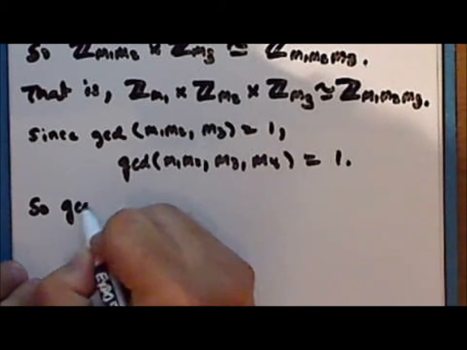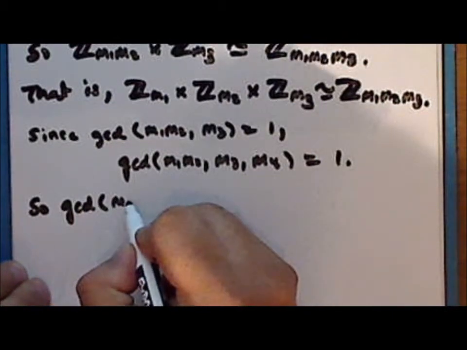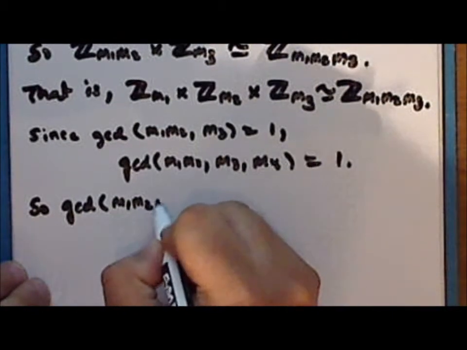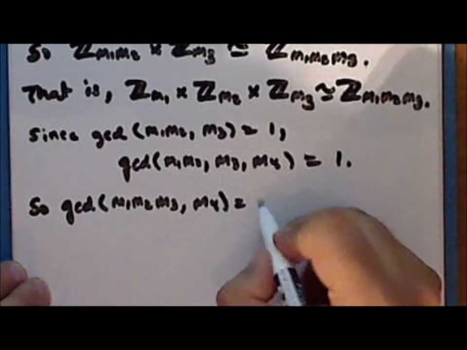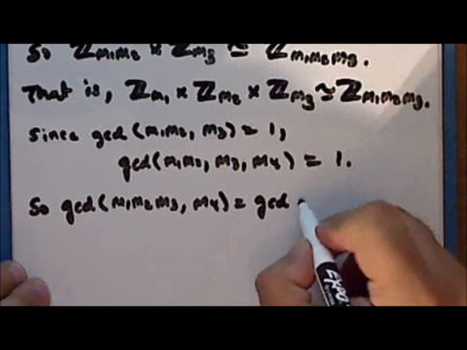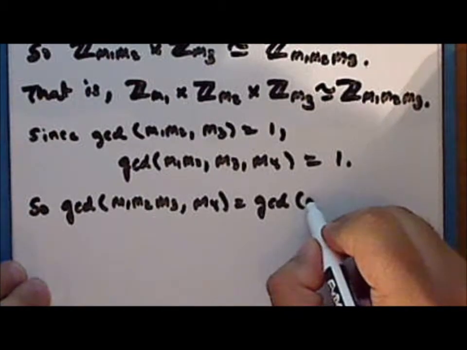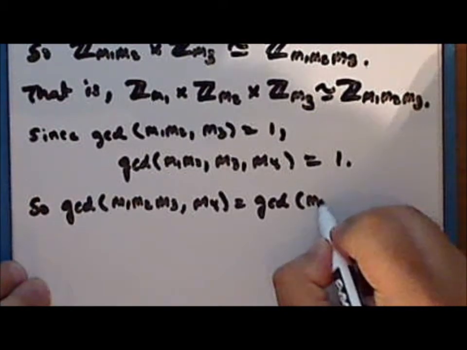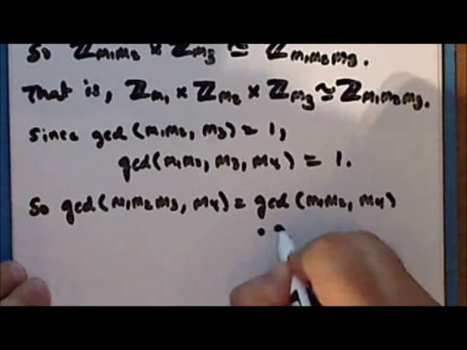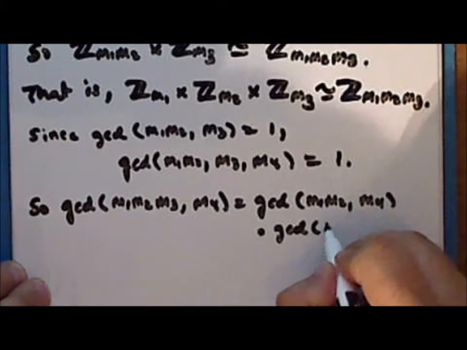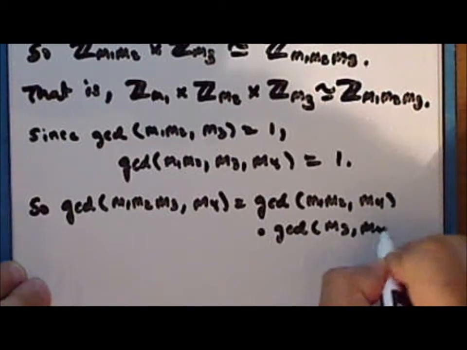And so the greatest common divisor of the product m1 times m2 times m3 and m4 is equal to the greatest common divisor of the product m1 times m2 and m4 times the greatest common divisor of m3 and m4.